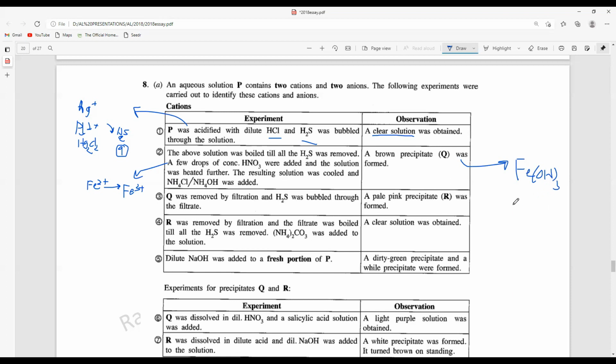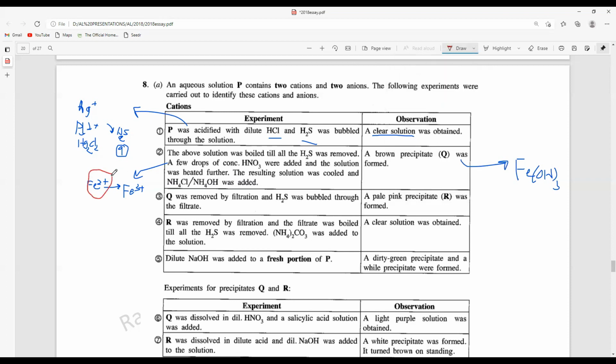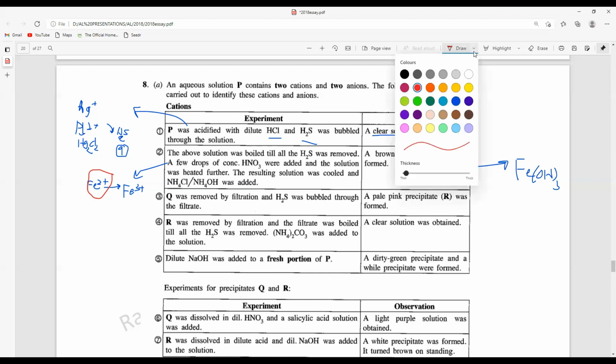Aluminium is white in color, chromium is dirty green, and ferric is a brown precipitate, which was identified here. Okay, so what could be the cation that is present in the solution? Basically it should be Fe2+. So don't forget about that. That is one idea that you can draw from this observation.